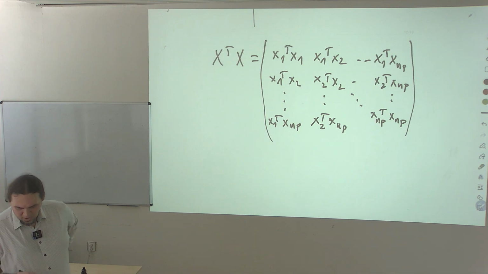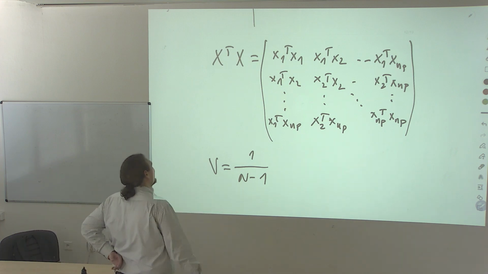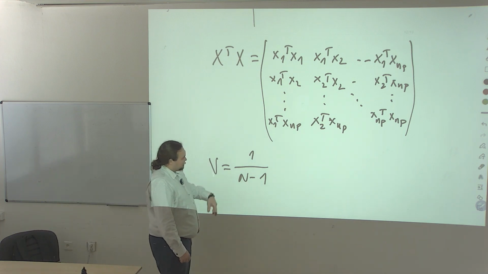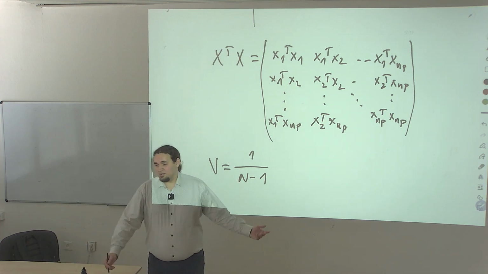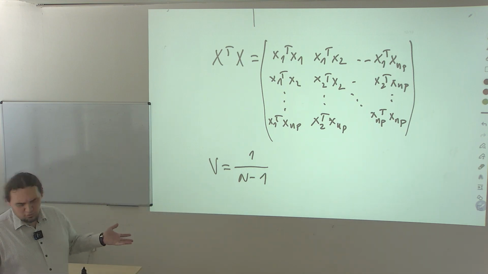V, okay. So what if we now do just a slight variation of this matrix? Very simple compared to all the heavy stuff that we have done today. Let's just divide it. If we have a lot of experiments, we can divide it by the number n.